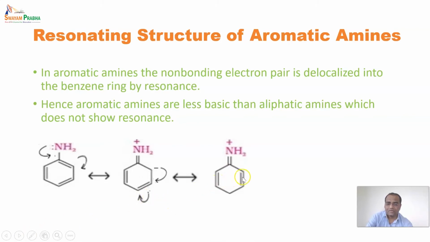Now you can see there is formation of one more new bond over here, formed because electrons are newly shifted between the ortho and meta carbon, and the para carbon has a negative charge because electrons were shifted onto the para carbon.